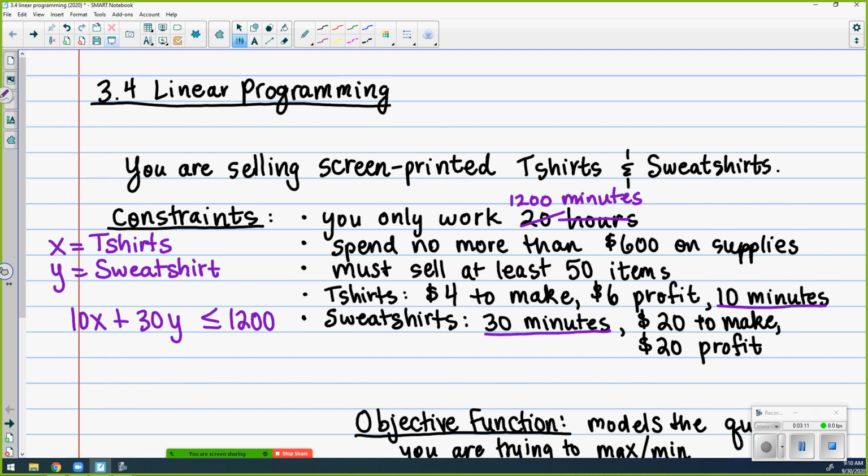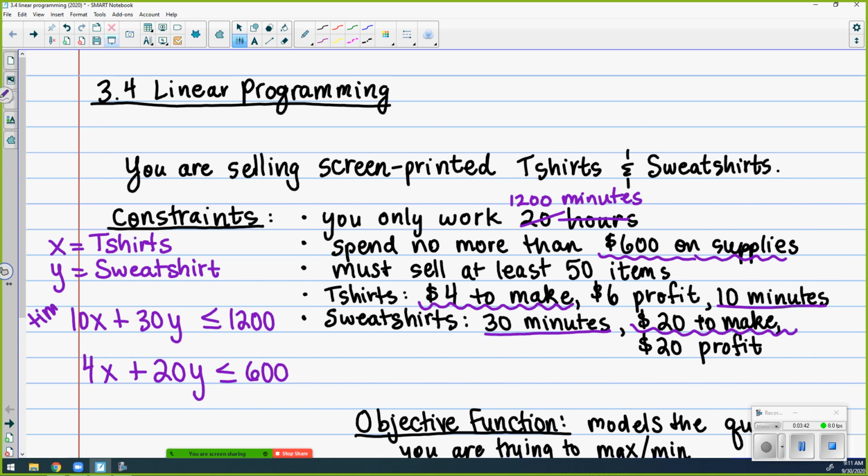Next up is we have no more than $600 to spend. So we need to stay under $600, under or equal to $600. When it comes to the money for supplies, remember that it takes $4 to make each t-shirt and $20 to make each sweatshirt. So I'm going to say 4X plus 20Y is less than or equal to $600 because this is going to be expenses.